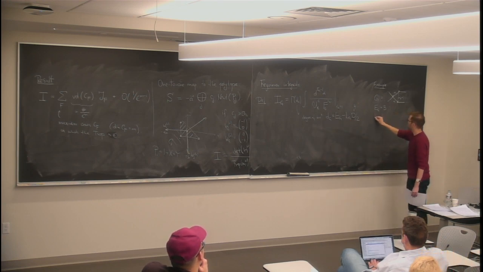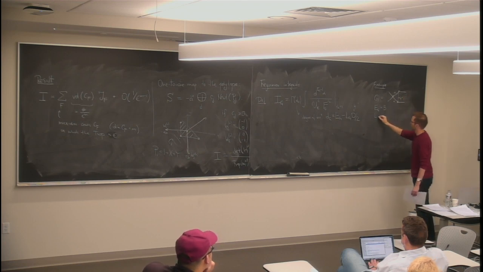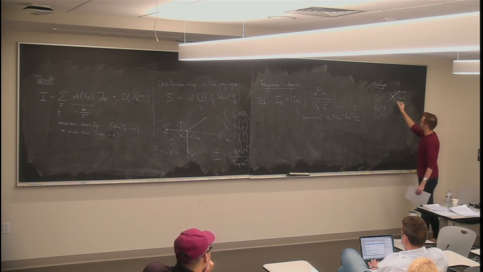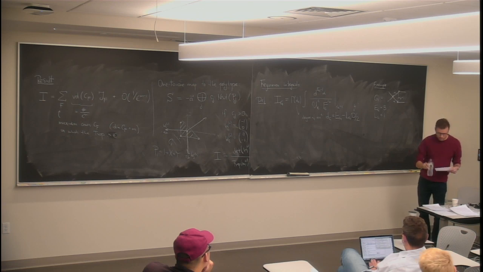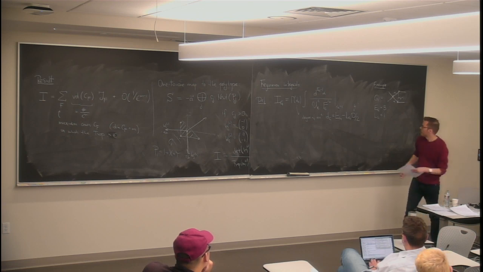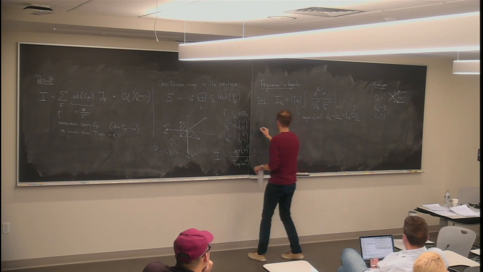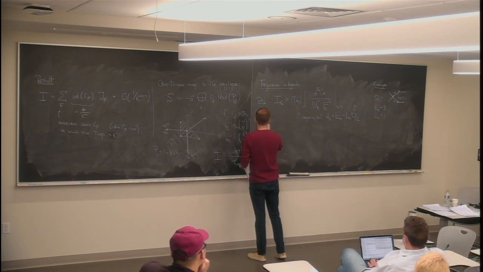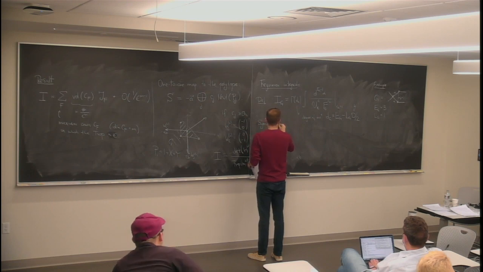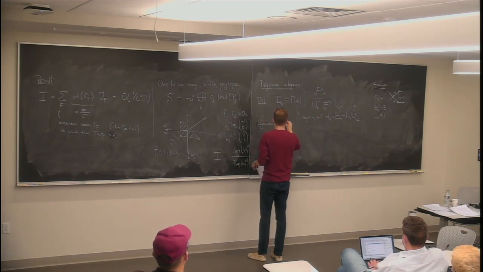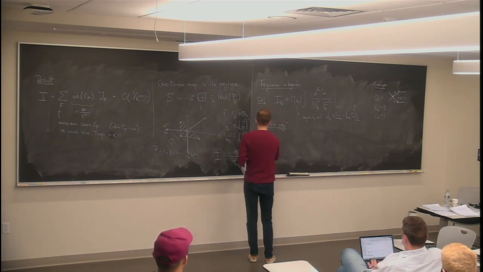This D is the space-time dimension, which, we live in 4 space-time dimensions. And L is the number of loops, which is the first Betti number of the diagram. In this case, we have 1 loop.